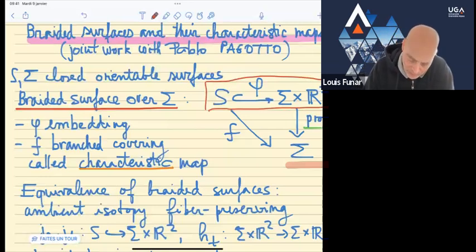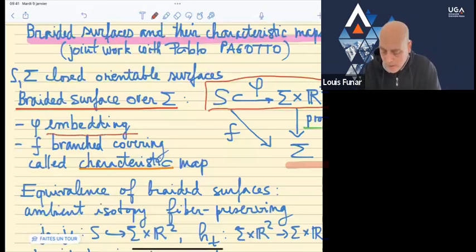So as I said before, we have phi, which is an embedding. So we can go the other way. We have a branched covering of two surfaces, S over sigma, by some map. And the problem we try to ask is whether we are able to lift it to some embedding of S into a thickened surface.